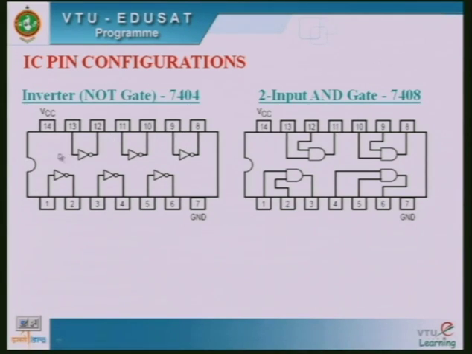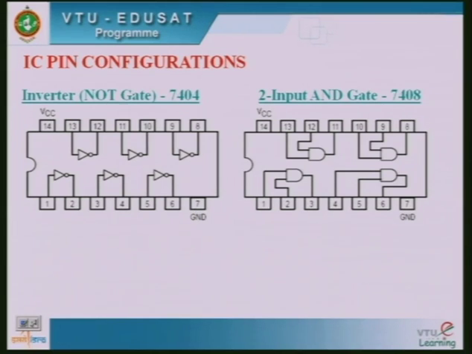Just by looking into the internal construction, this is the NOT gate or inverter. The number is 7404. It is a 14 pin IC. Most of the time pin 7 is treated as the ground pin and pin 14 is treated as VCC. Here the positive termination of the battery is given, and here the negative termination of the DC battery is given.